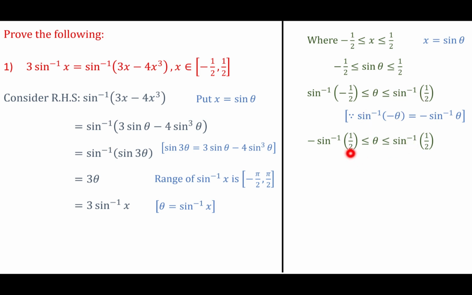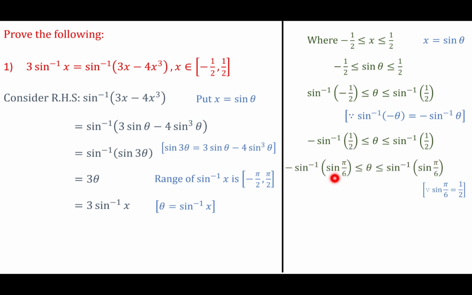Now, at what angle of sine do I get half? At sine 30, it is half. So in place of half, I can write sine pi by 6, which is 30. Here also, half, I can replace by sine pi by 6.